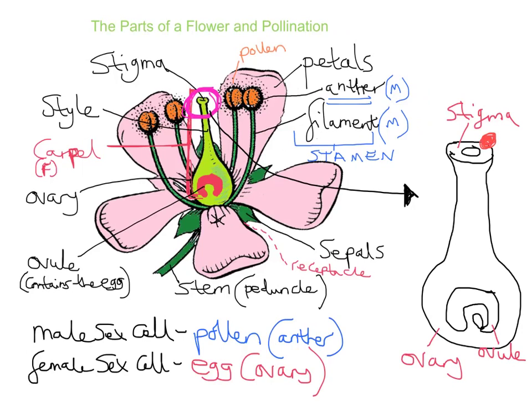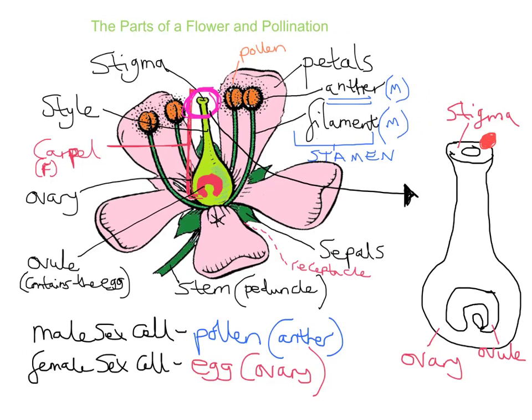So it's been blown by the wind and lands on the stigma of another plant, or it's been carried by an insect to that stigma. That is called pollination. Now, once the pollen lands on the stigma, we get what's called a pollen tube forming.